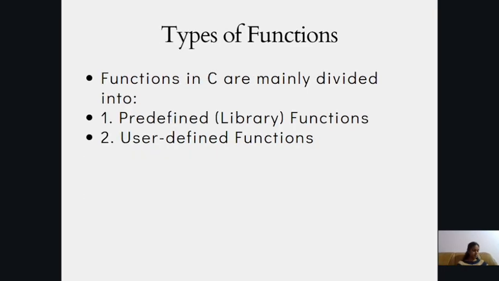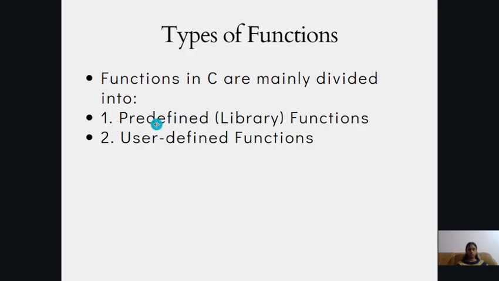The steps to be followed when writing a function: the first step is the function declaration, the second step is the function calling, the third step is the body of the function, and the fourth step is the type of the function.